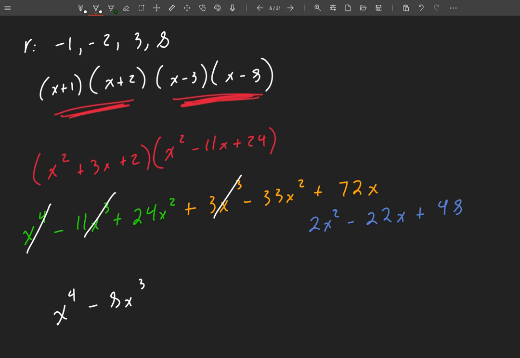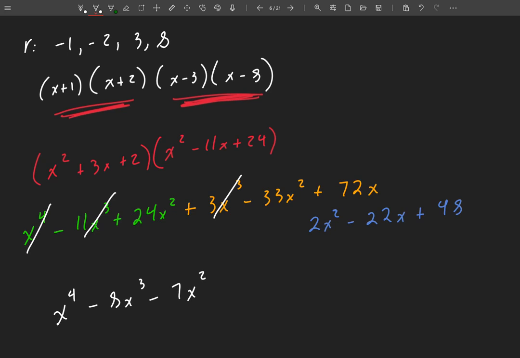Now, this is 24 minus 33. That's going to give me a negative 7. Is that right? 24. No, that's a negative 9. Sorry, that's a negative 9x squared, and then plus 2, that's a negative 7. That's what it is. Okay.